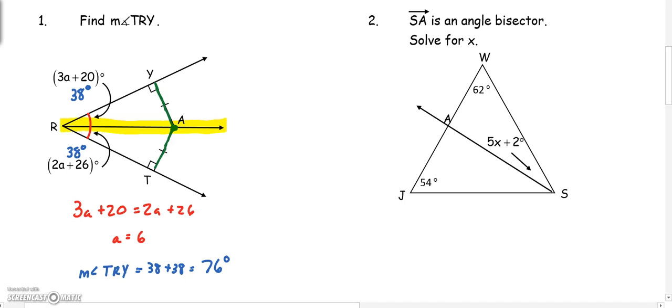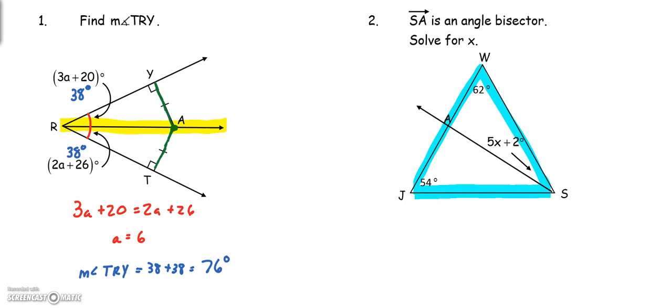In number 2, we have this large triangle JWS, and we are told that SA is an angle bisector. So we know that in a triangle, so in my blue triangle, all the angles together equal 180. So I can find the measure of my missing angle by subtracting the two angles I know.